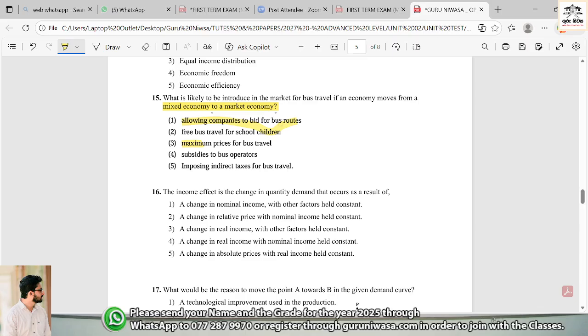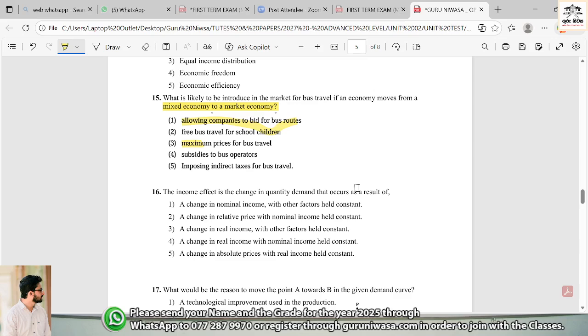Excuse me, sir. Yes, Daru. So what does that mean? Bid means, for example, have you ever heard about an auction? Sorry? Give me 1 minute. Right, okay.